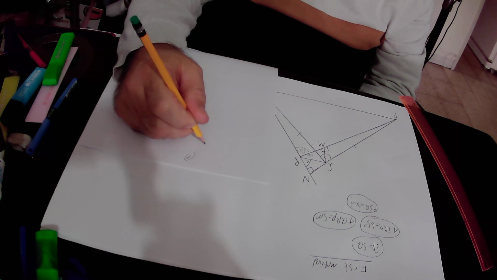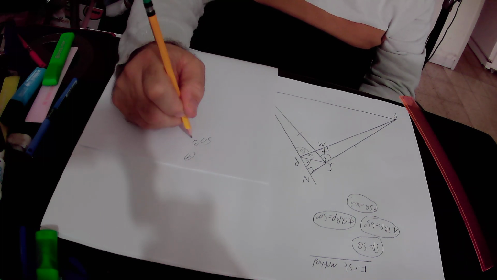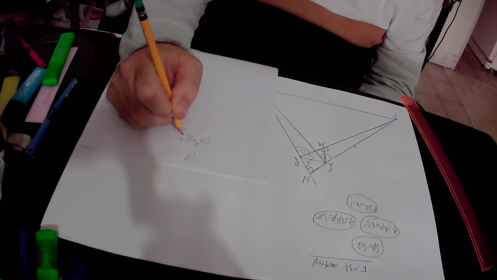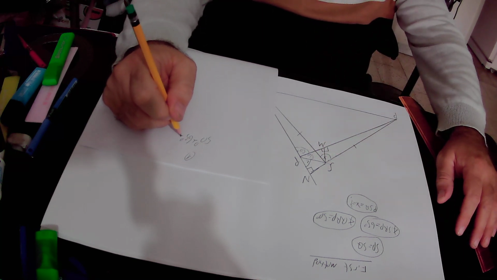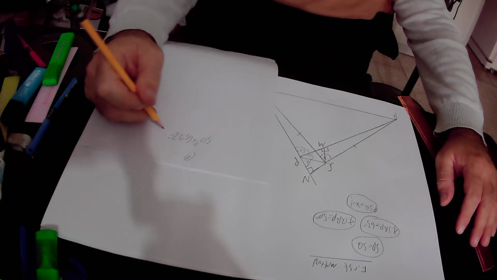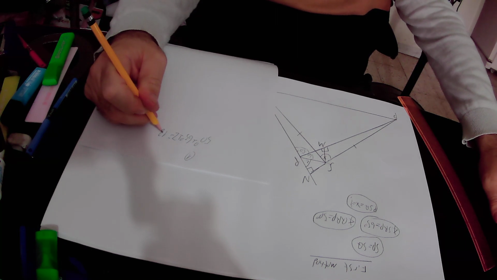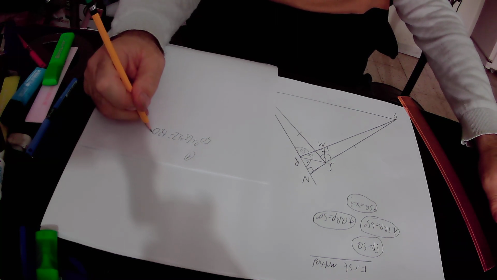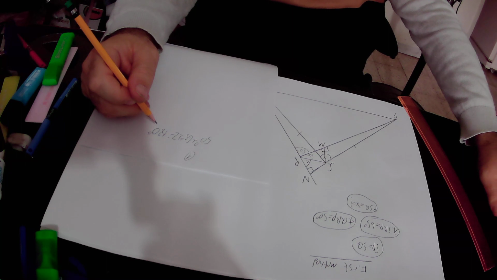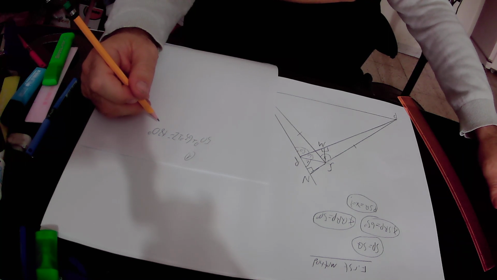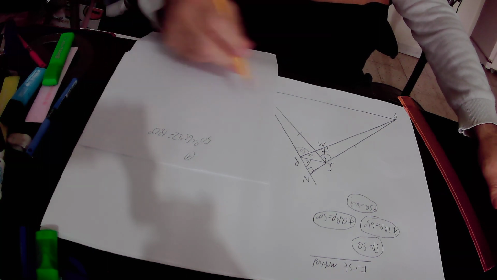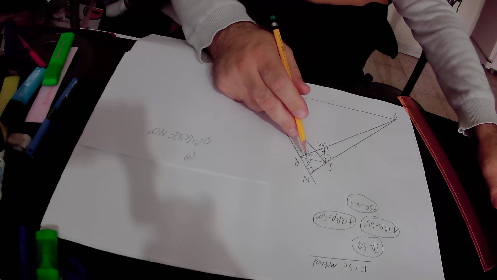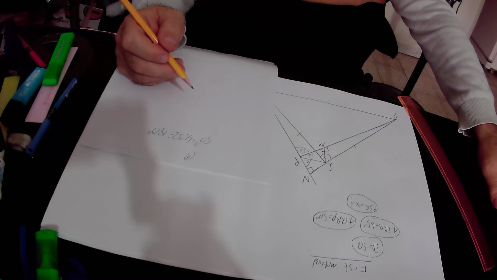That is to say, 50 degrees plus 65 degrees plus the size of angle Z in total must be equal to 180 degrees, according to the rule that along a straight line, if we look only at one side, the sum of the angles is equal to 180 degrees.